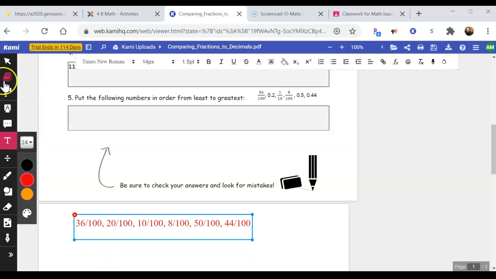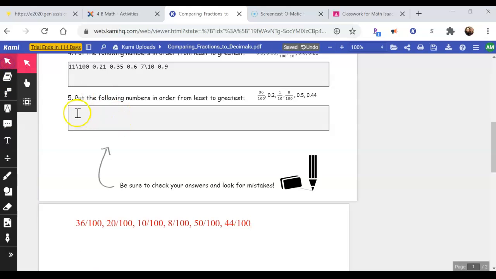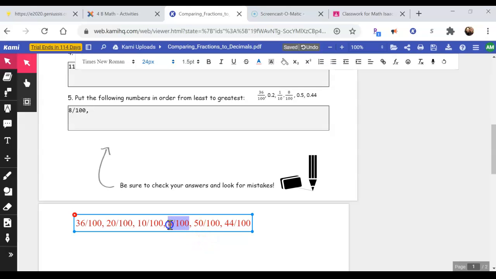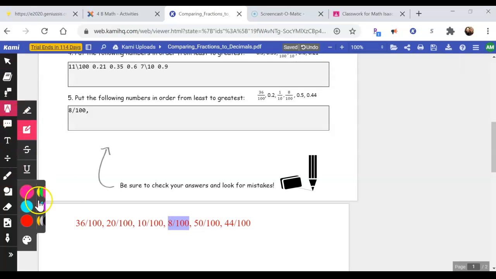So we're going to type that up here. That is 8 over 100. I keep going back and forth, but I'm trying to make it a little easier on you. So that one is completed.